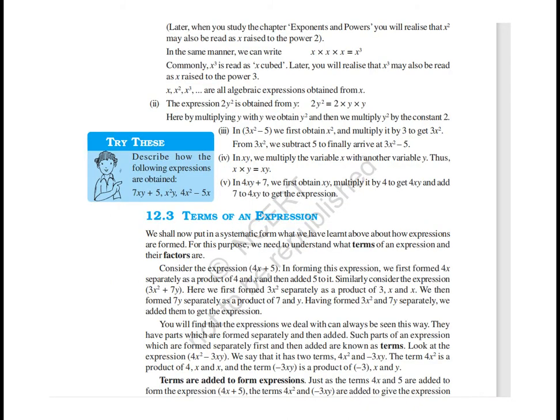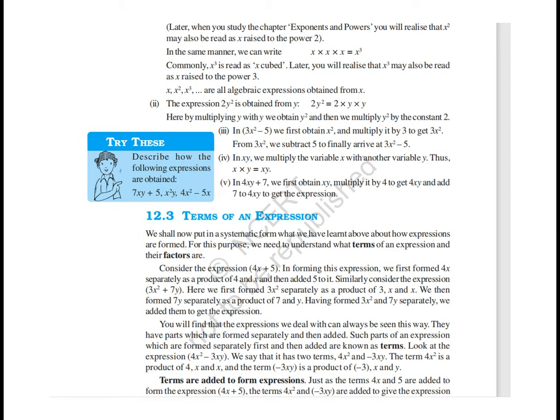Now, terms of an expression. We need to understand what terms of an expression and factors mean. For example, there is an expression given, 4x plus 5. Here there are two terms. 4x and 5 are two different terms.